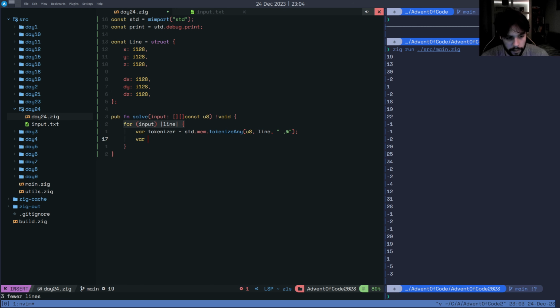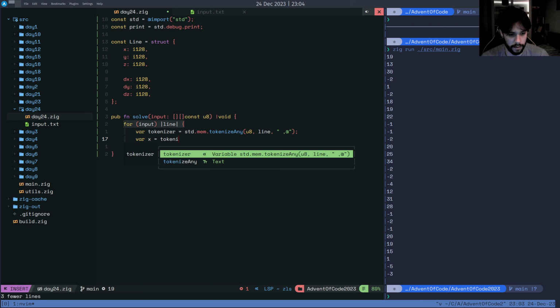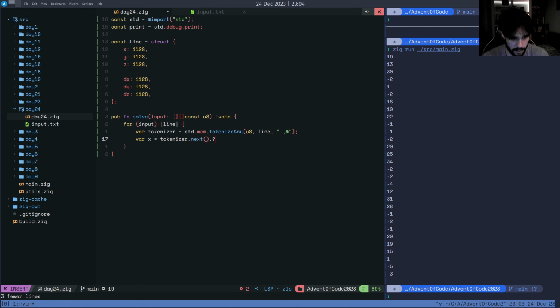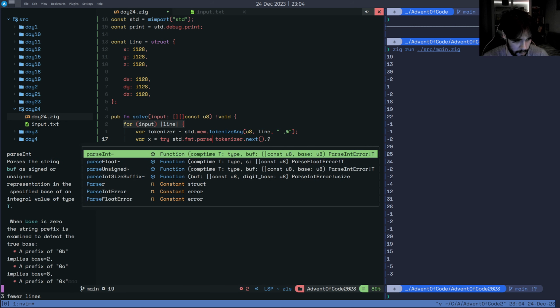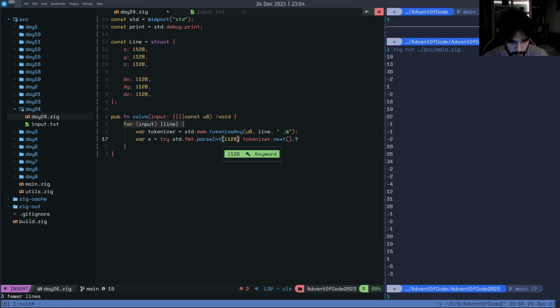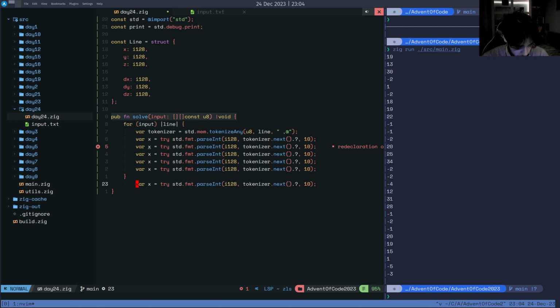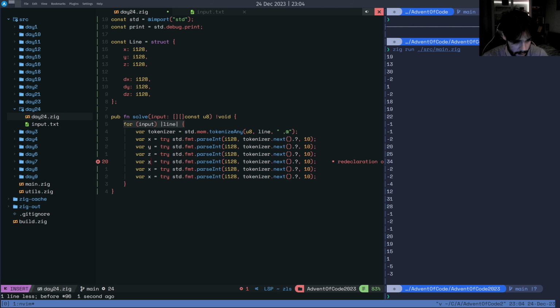We say x equals tokenizer.next().?, and we do a try std.fmt.parseInt i128. There it is. Then y, z, dx, dy, dz.